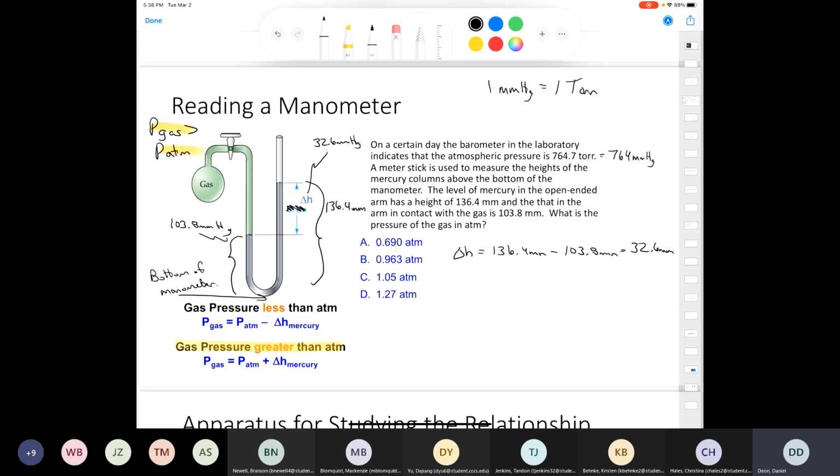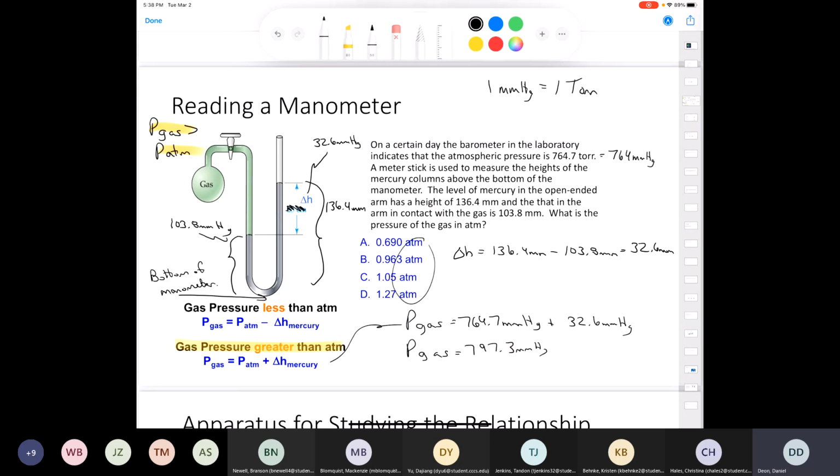So what are we going to do to calculate the pressure of our gas? We're going to say the pressure of our gas is equal to the atmospheric pressure, which was 764.7 millimeters of mercury, and then we're going to add the 32.6 millimeters of mercury, and then we get that the pressure of our gas is equal to 797.3 millimeters of mercury.